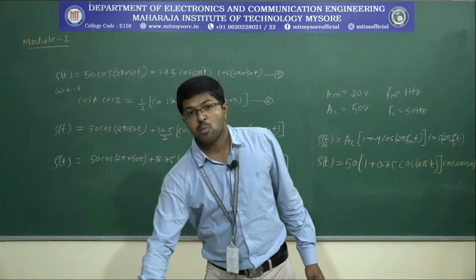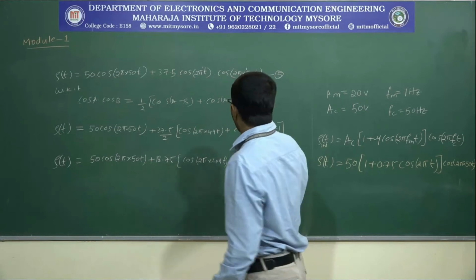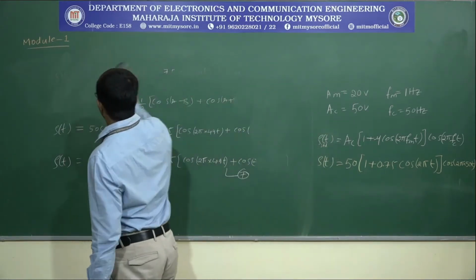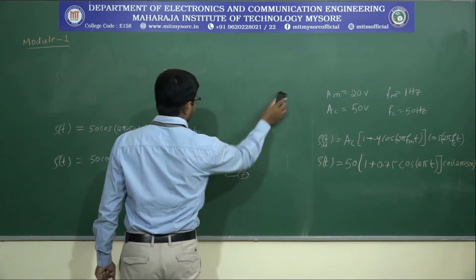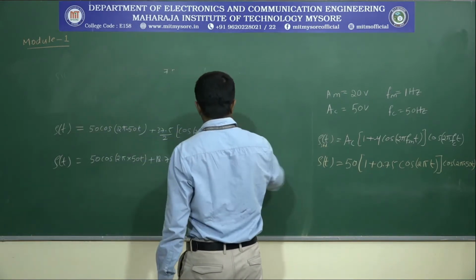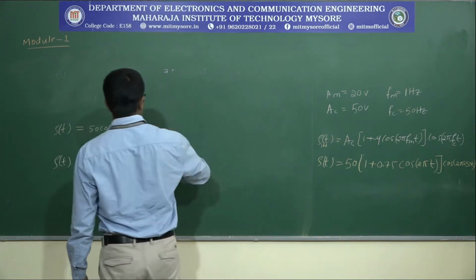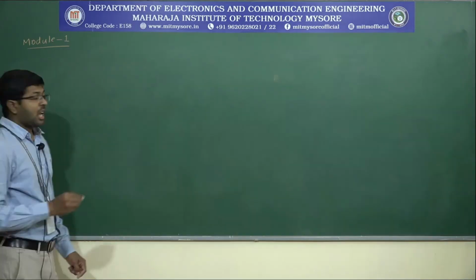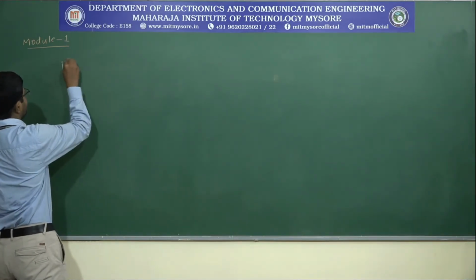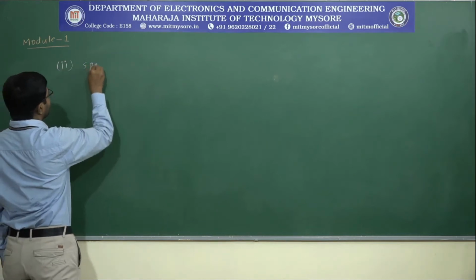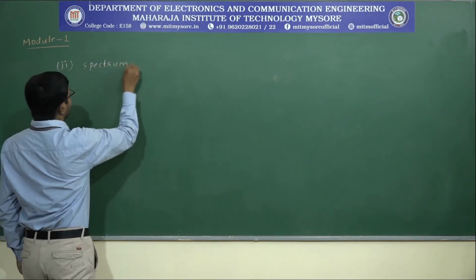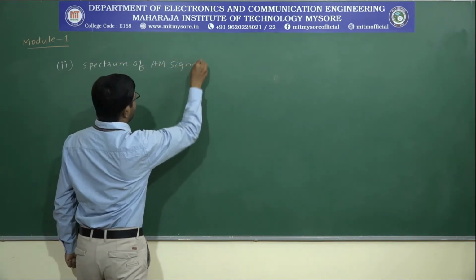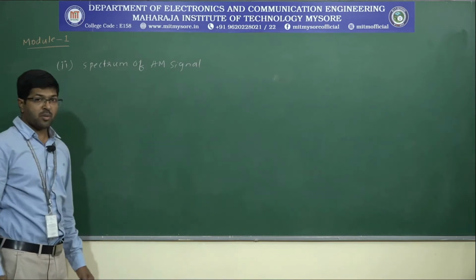So let us now move on to the second part of the problem. Now let us draw the spectrum of the AM signal, which we have derived in equation number 7 previously.